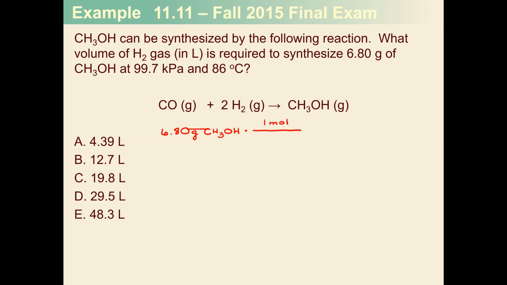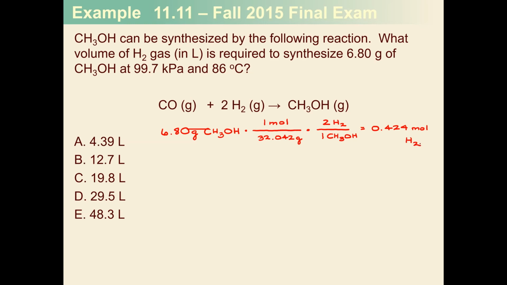The molar mass of my methanol is 32.042 grams per mole. And then using the balanced chemical equation, I will get 2 hydrogen gases for every 1 CH3OH. If I do this correctly, you will see that I will get 0.424 moles of hydrogen gas.